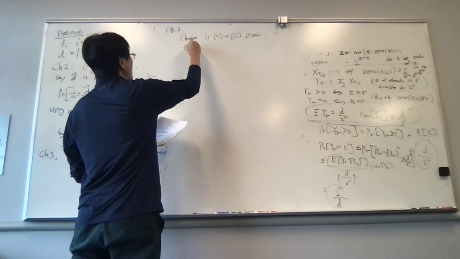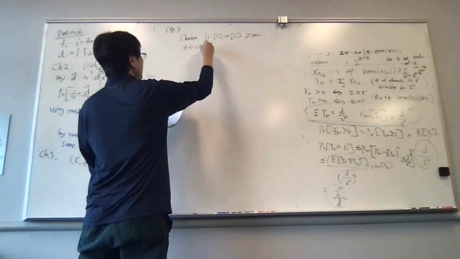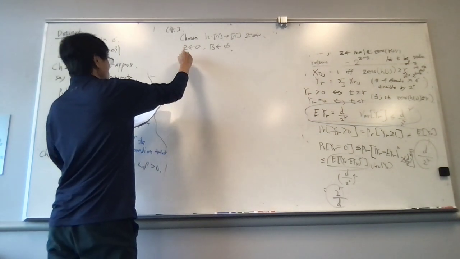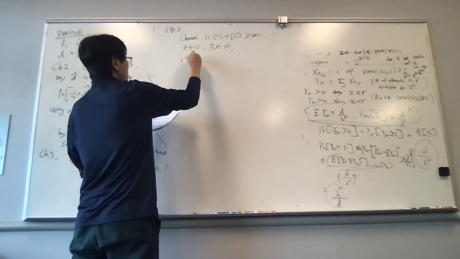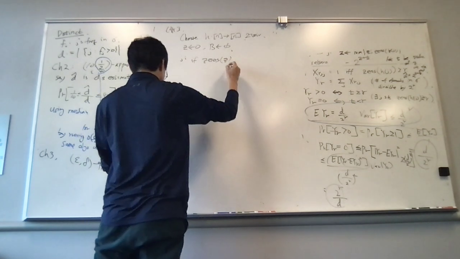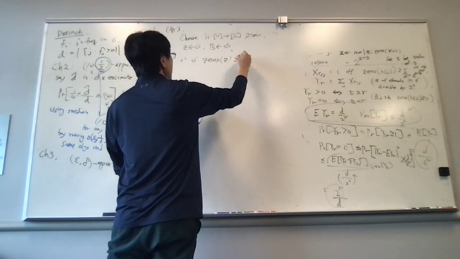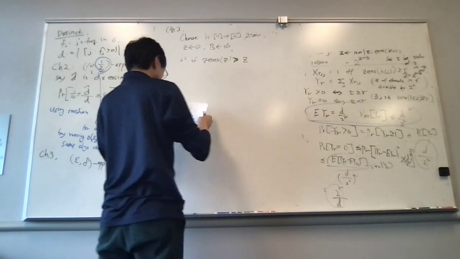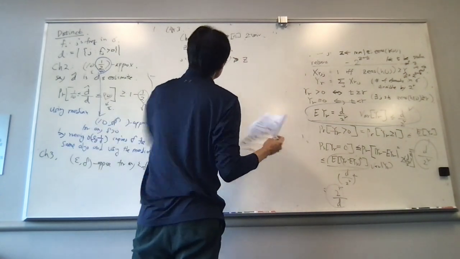As before, we set z to 0, and B is an empty set. Then when you see j, if the number of zeros of h of j is bigger than the current z value.